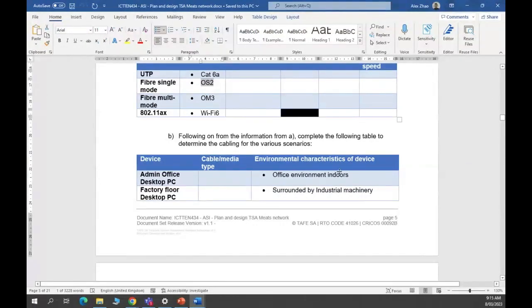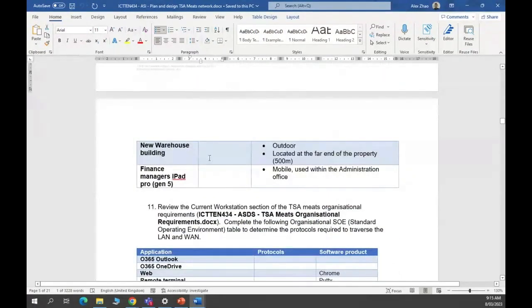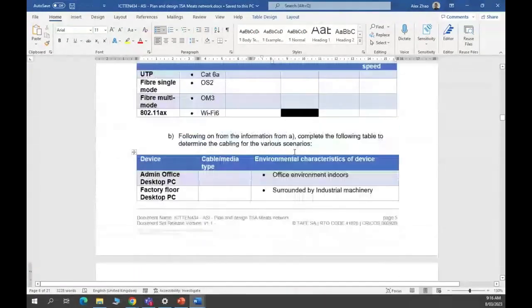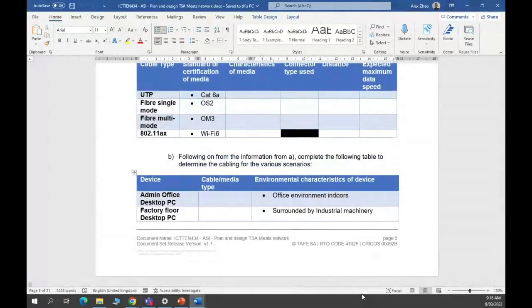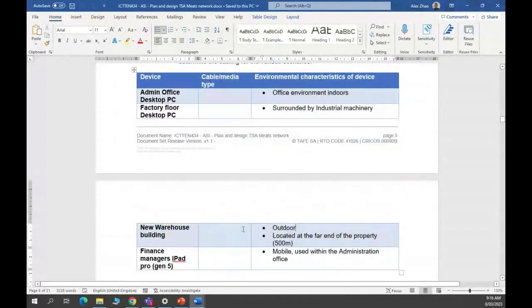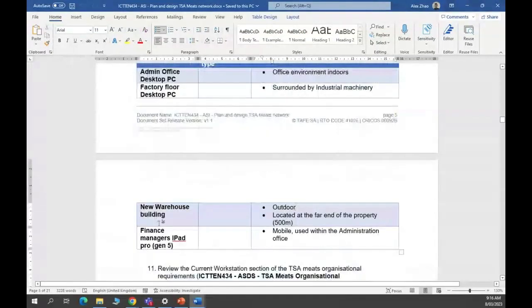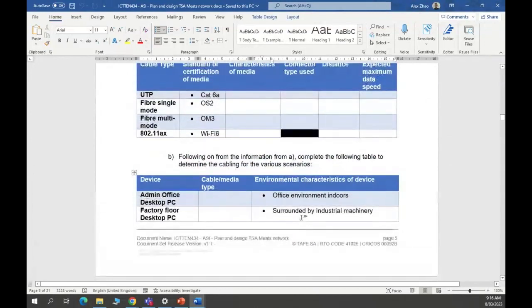And remember, there was an area here, a new warehouse building, 500 meters outdoor. I'm not trying to be smart here, but obviously we just read a whole heap of specs, didn't we? So let's just talk about that one thing. Out of these, 500 meters is already going to be too far for the OM3, isn't it? And it's too far for Wi-Fi, definitely. It's too far for the UTP, definitely. But which one is it suitable for? And which one said it was outdoor? We just looked at it.